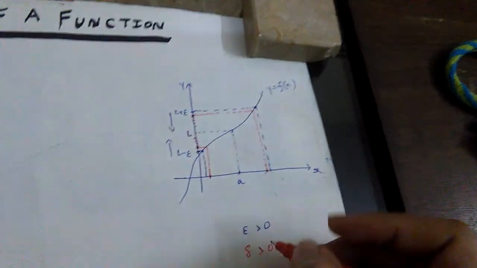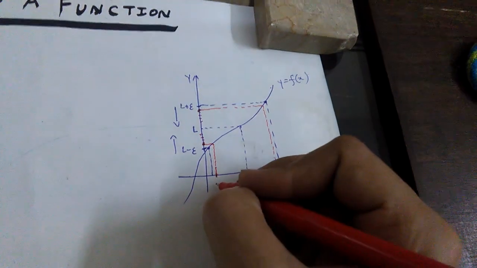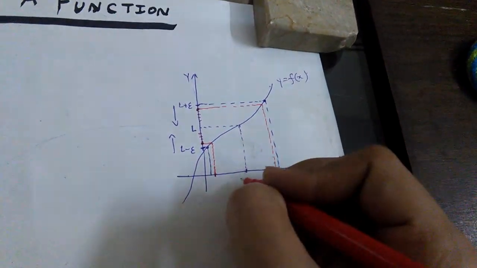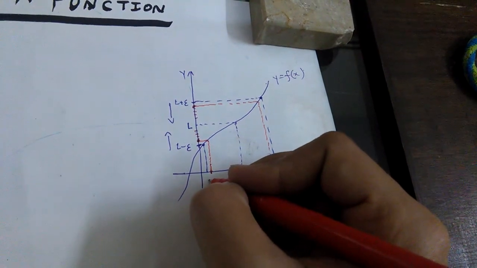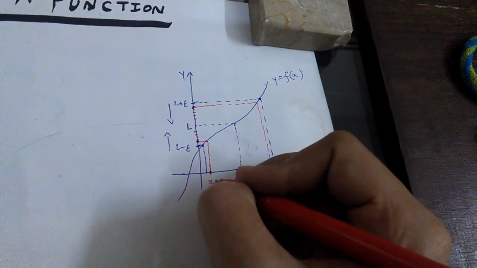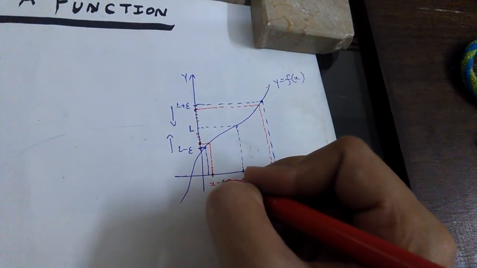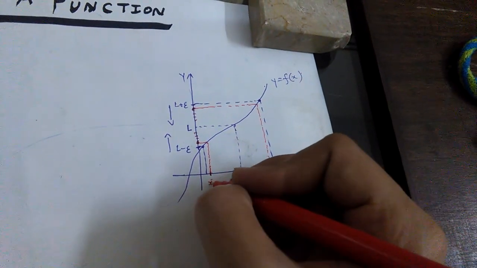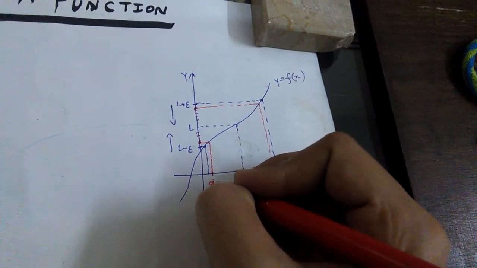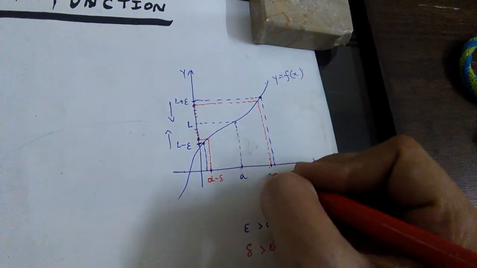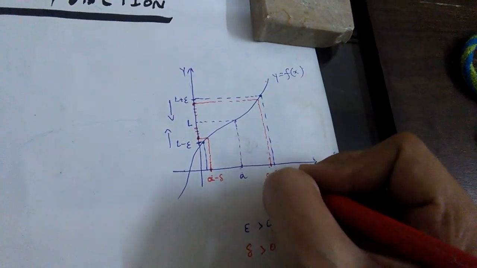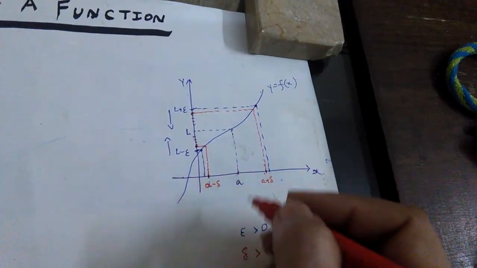Okay, so we just say that let the lower bound of this interval be a minus delta, and that's going to be a plus delta. All right, something like this.